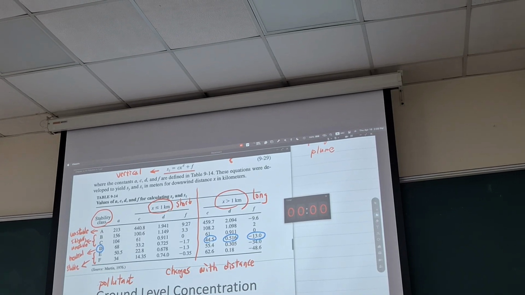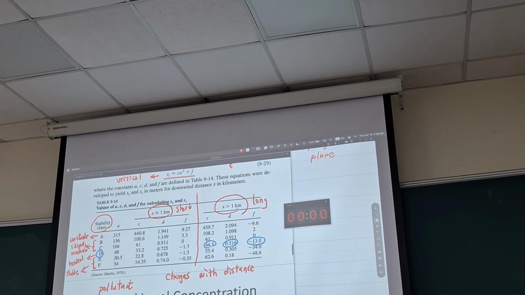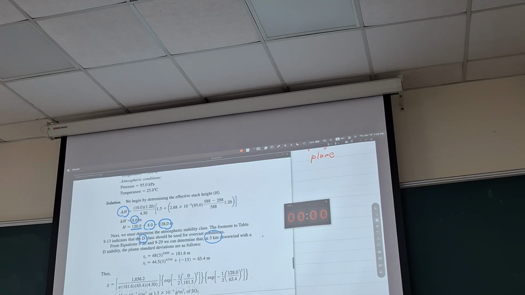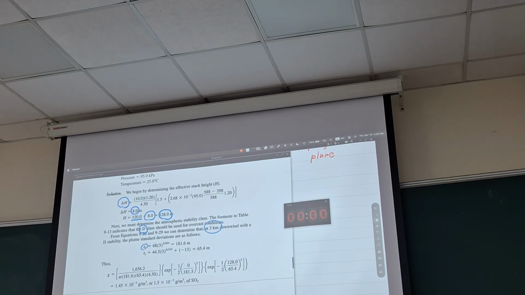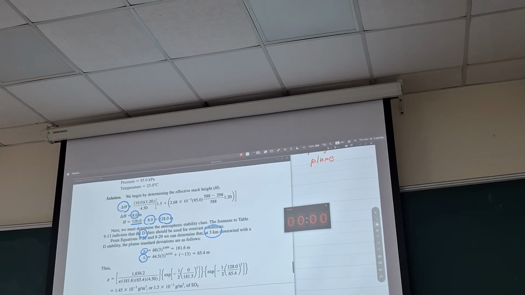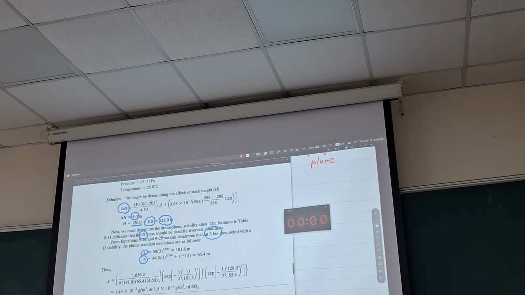Class D and 3 kilometers, so more than 1. So you need to use this one, so we can find out sigma Y and sigma Z. Understand?